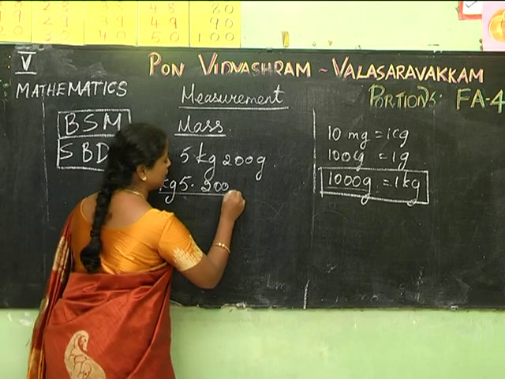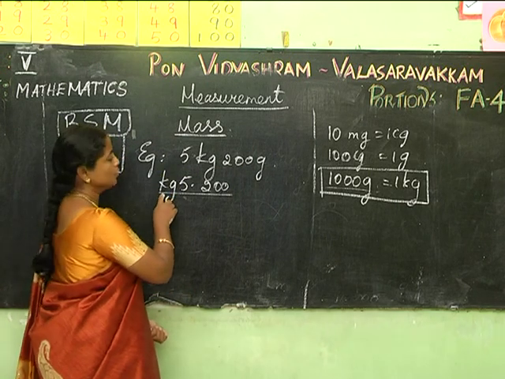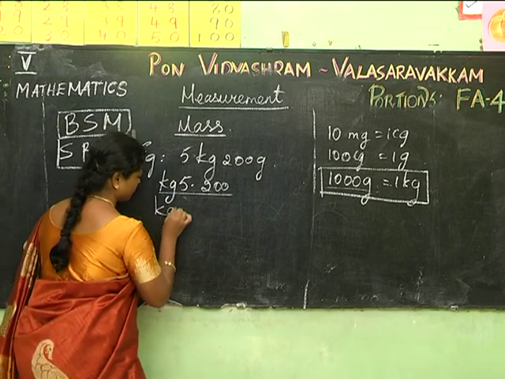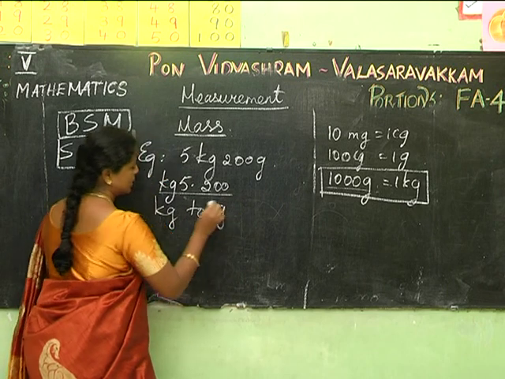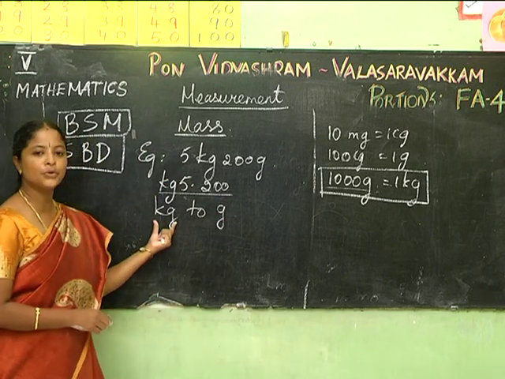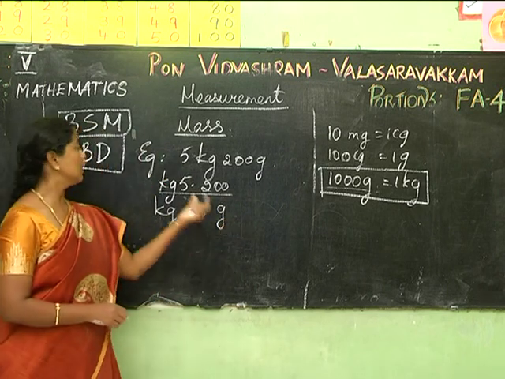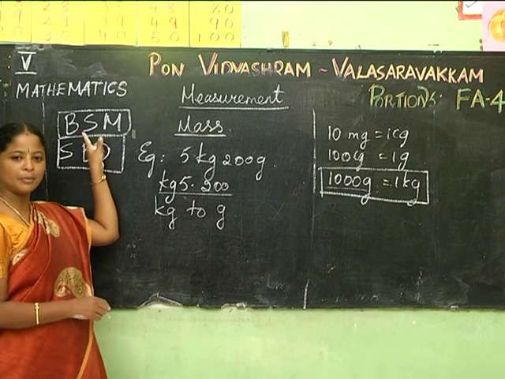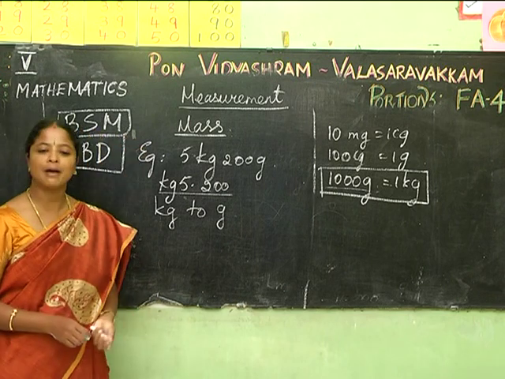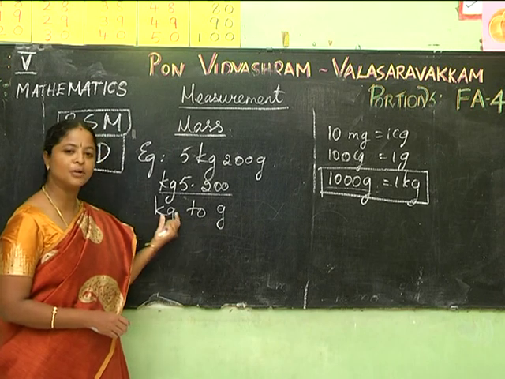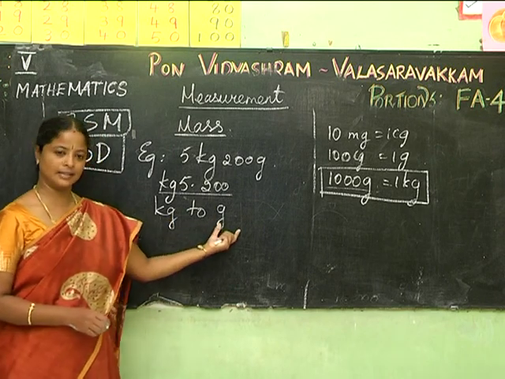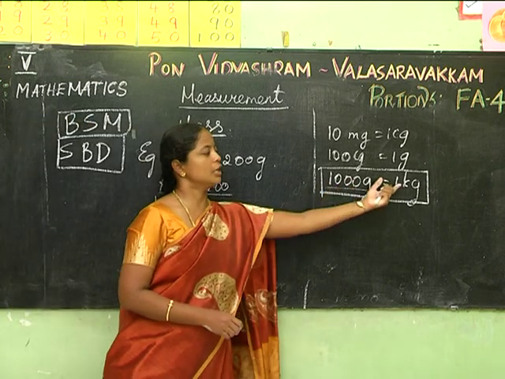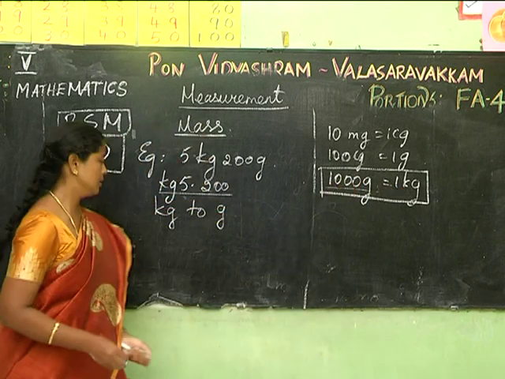Now I am going to convert from kg to grams. Here you know it's from a bigger unit to a smaller unit. So whenever you convert from a bigger unit to a smaller unit, you multiply with the relationship between kilogram and gram, which is 1000.